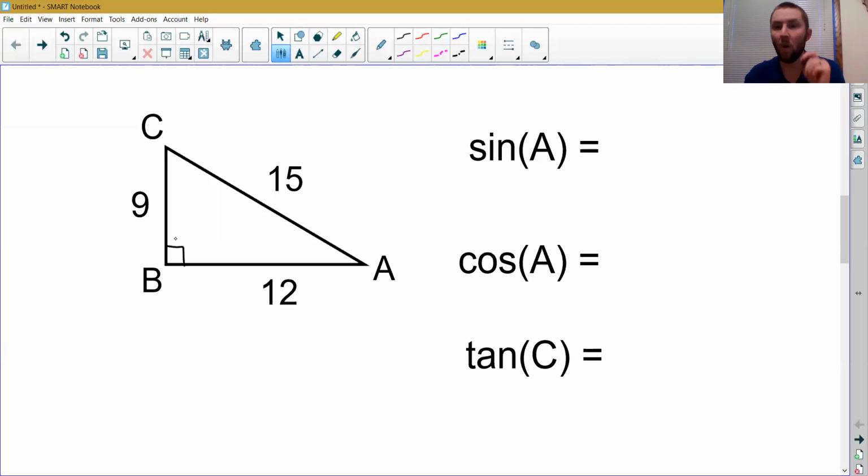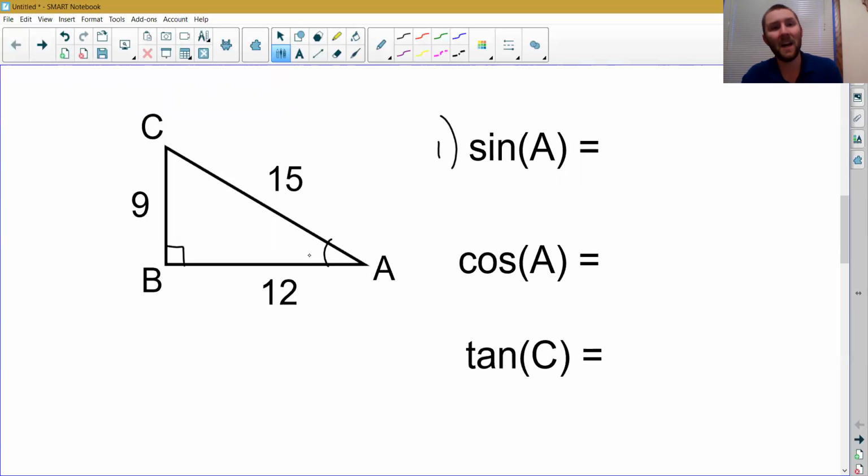But it is important always to notice what angle we are talking about for that particular ratio, okay? So in this first case, the first thing that I'm being asked to find is the sine fraction for angle A, okay? And for the sine fraction of angle A, we first have to identify where angle A is in my triangle. Well, it's right here, down in this corner.